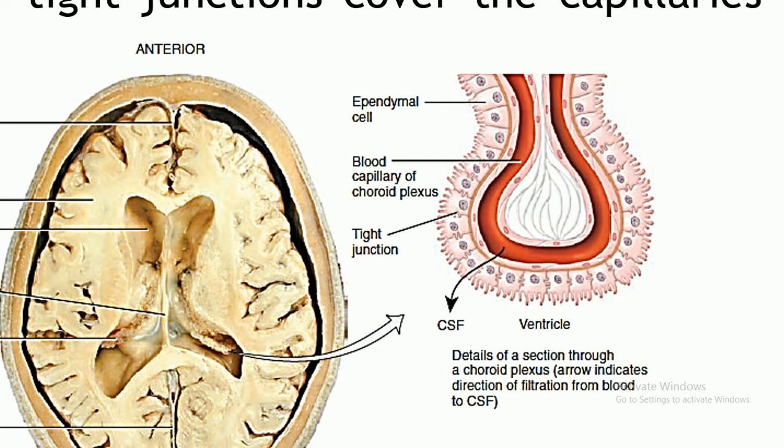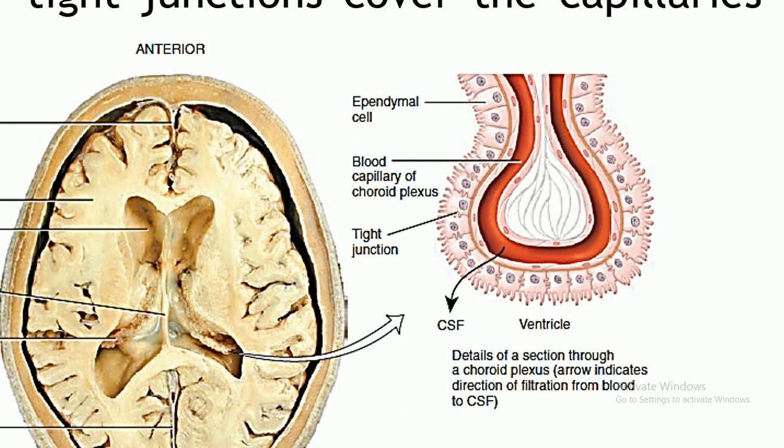In different ventricles, these choroid plexuses are present, and the filtration of the blood takes place from the blood capillaries through the ependymal cells, and it will result in formation of CSF. Now there may be exchange of substances.